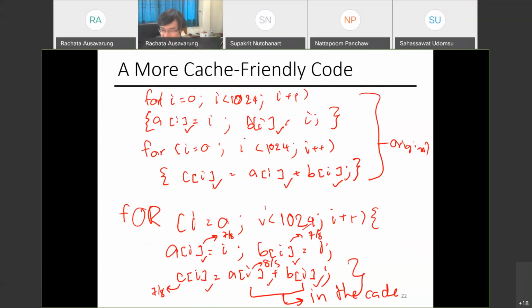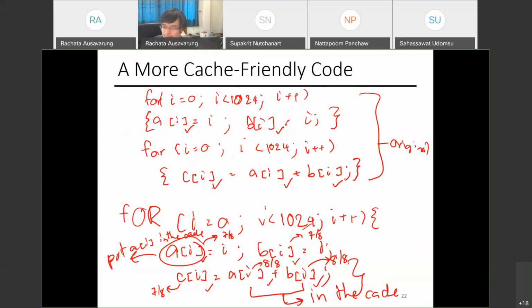Because these put A of I in the cache. Oh yeah, 0 miss rate. 0 miss rate is a hit. Everything here is a hit. So over here it's also 8/8, 8/8 hit rate, 0 miss rate.